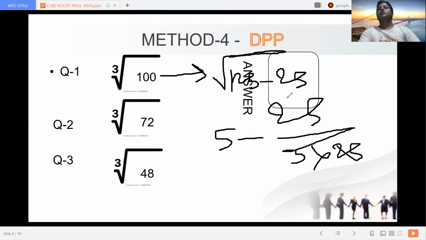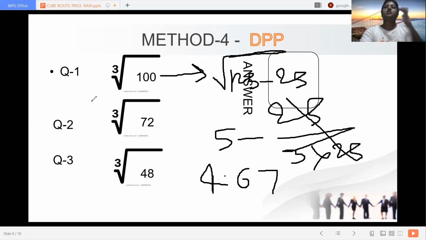The 25 gets cancelled. 5 minus 1 by 3 is 4.67. 4.67 is the cube root of 100.